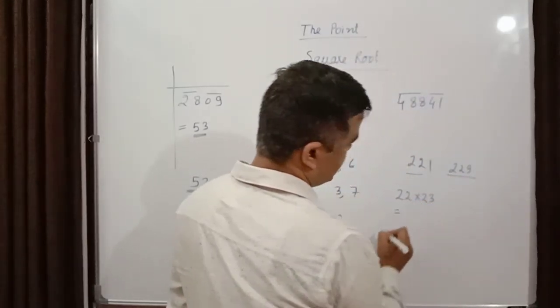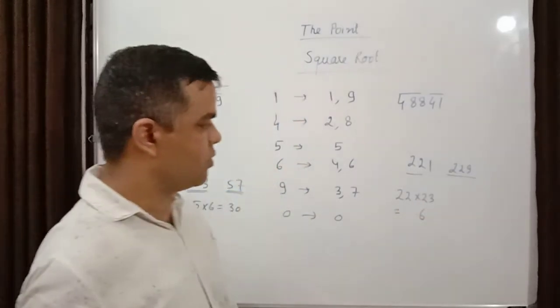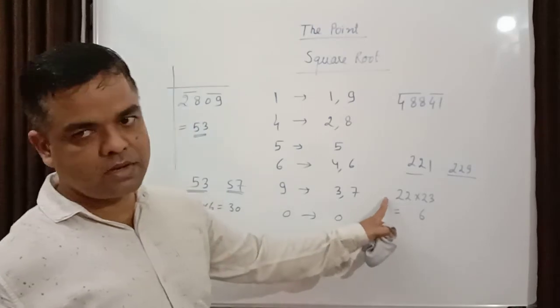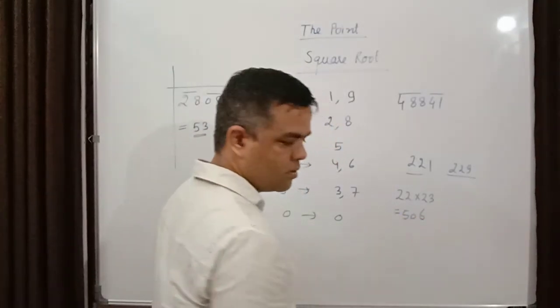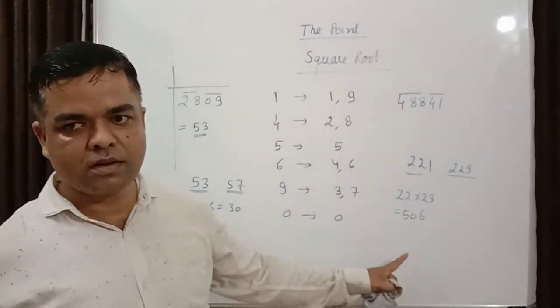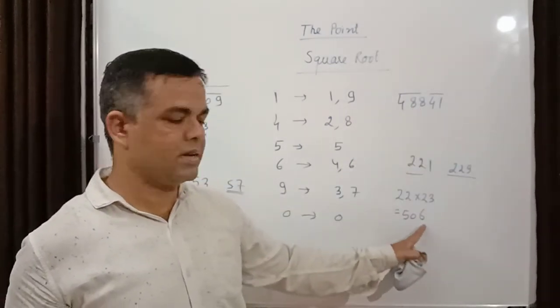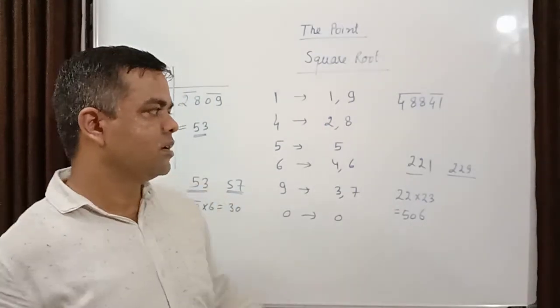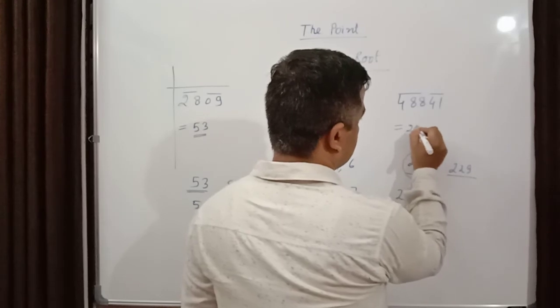Multiply this: 23 times 2 is 46, carry 4. Again 23 times 2 is 46, plus 4, 50. Now this 488 is less than 506. So the answer will be the lower value. So 221 is the square root.